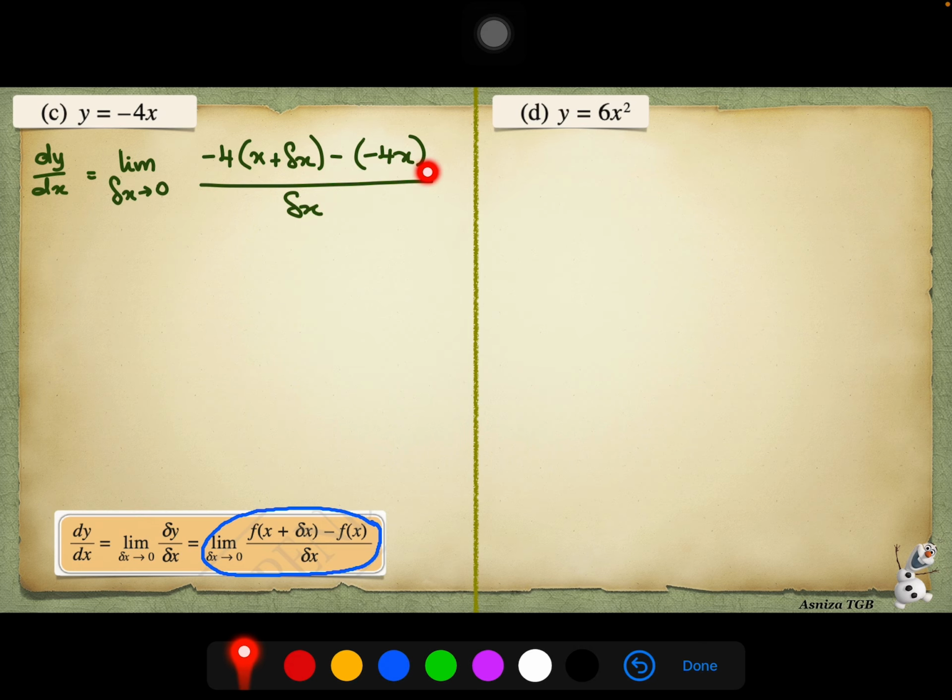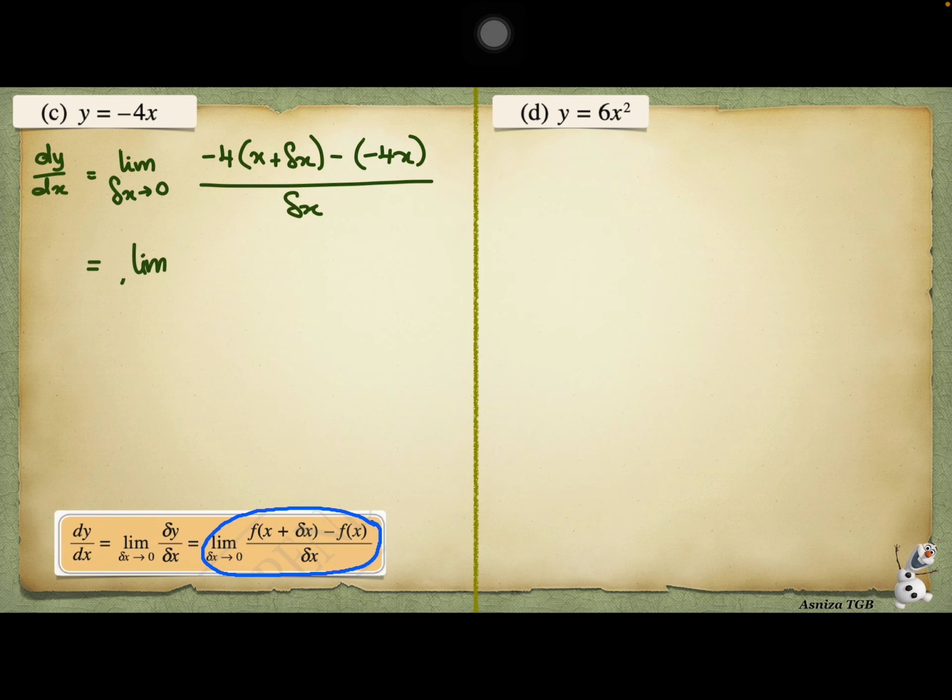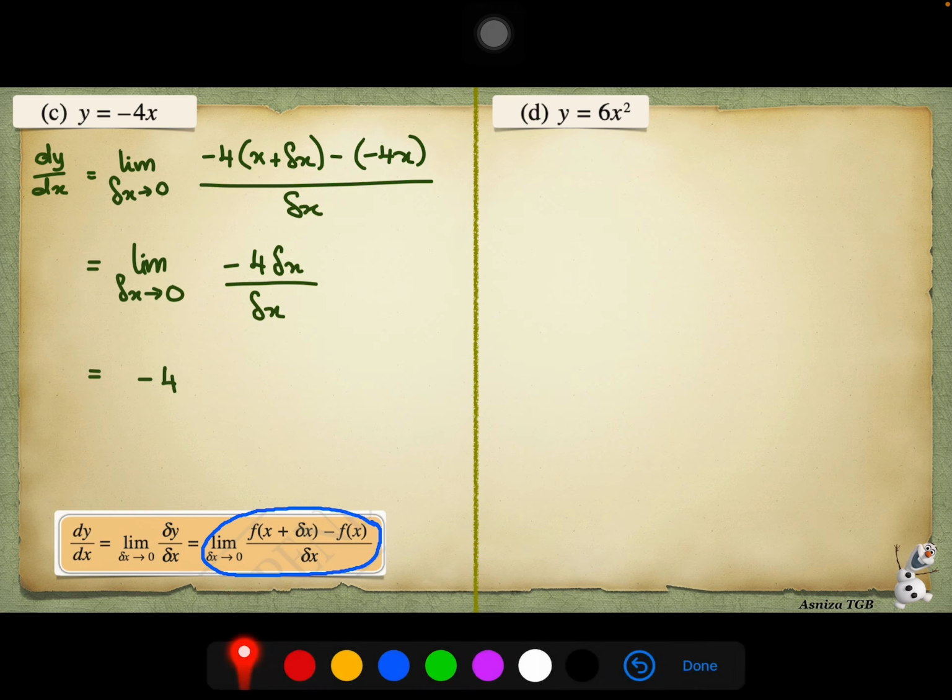When we simplify the function, we will have the limit as delta x approaches 0 of negative 4 delta x over delta x. Delta x and delta x can be simplified, and the answer is negative 4. So this is our first derivative: dy/dx is negative 4 by first principles.